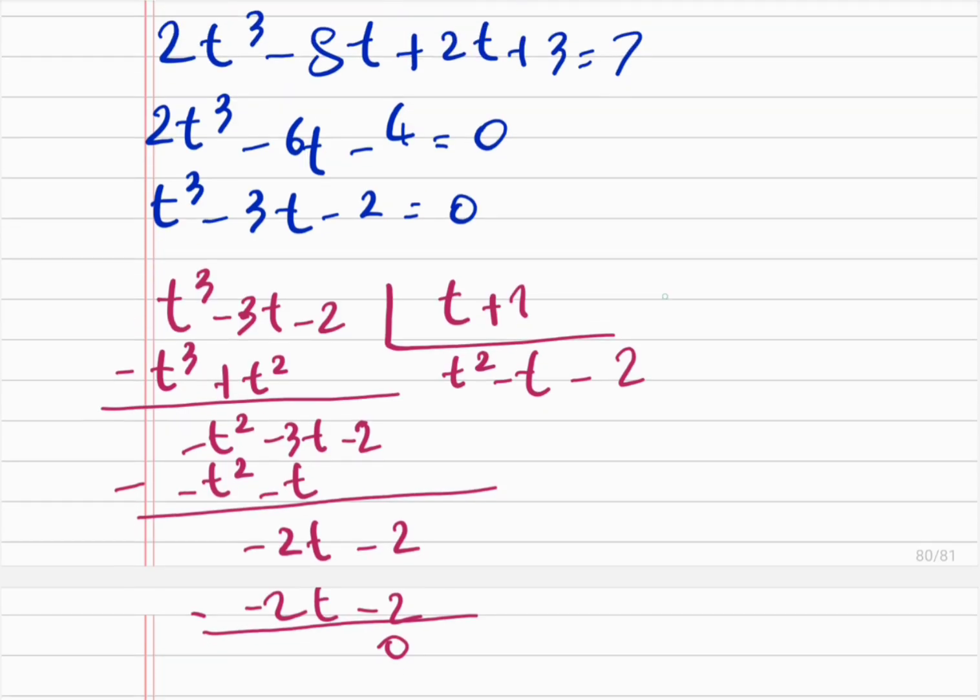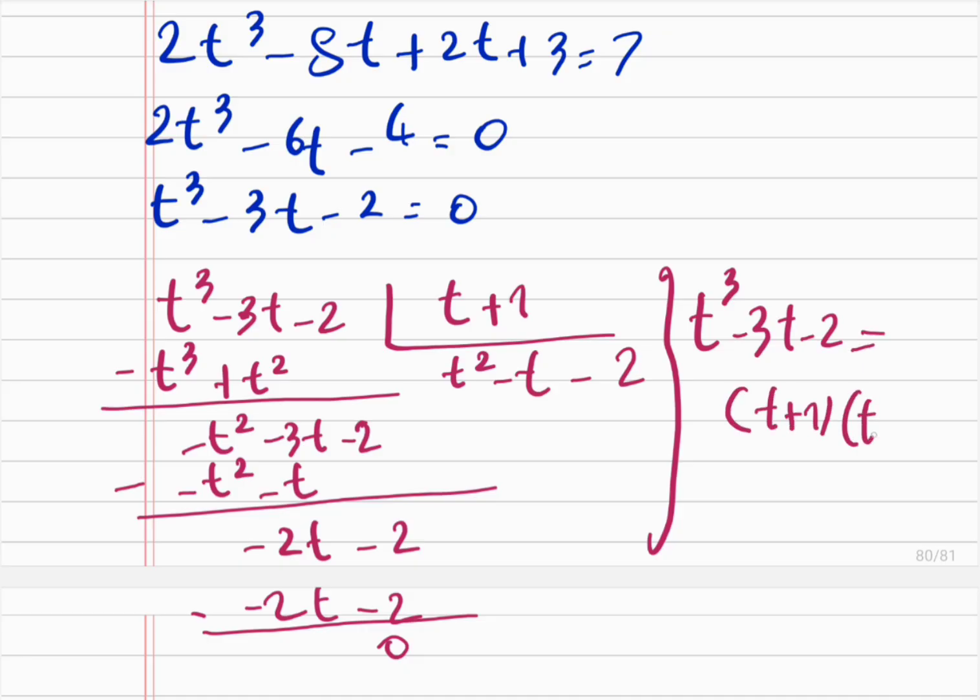The purpose here is just to be able to factorize this cubic. Of course, if you want to factorize in a different way, you can always do. But I prefer this method because I think that's the quickest. So this means that we can rewrite t cubed minus 3t minus 2 as the product of t plus 1 times t squared minus t minus 2.